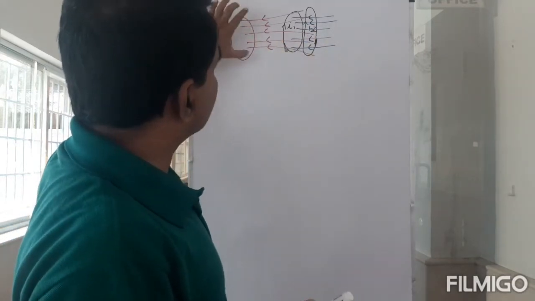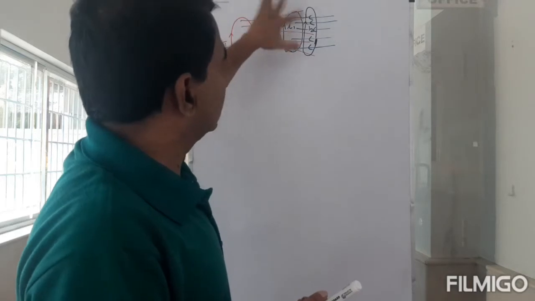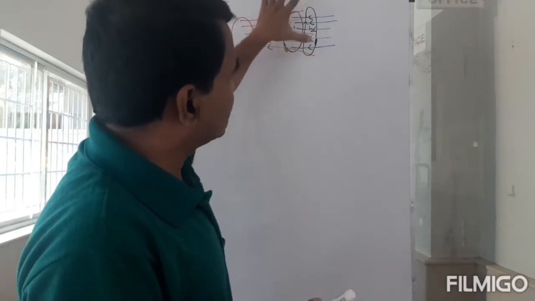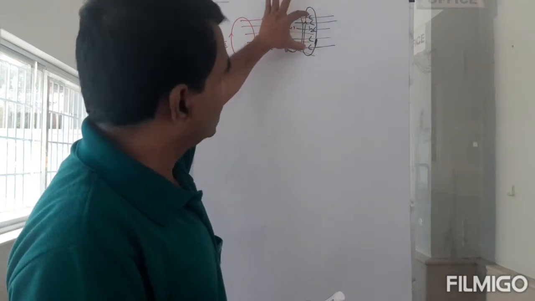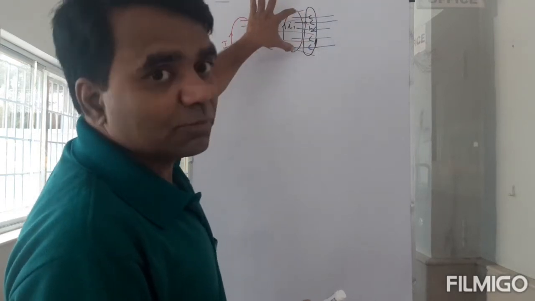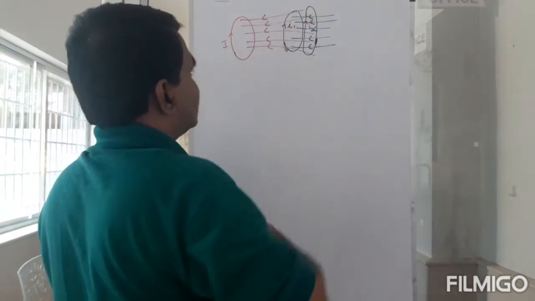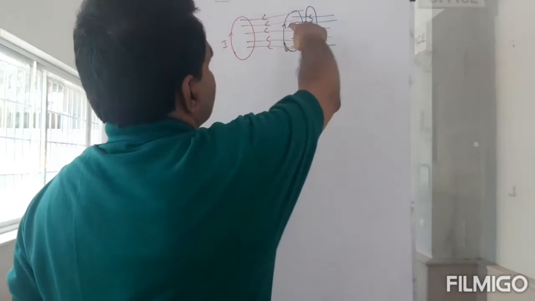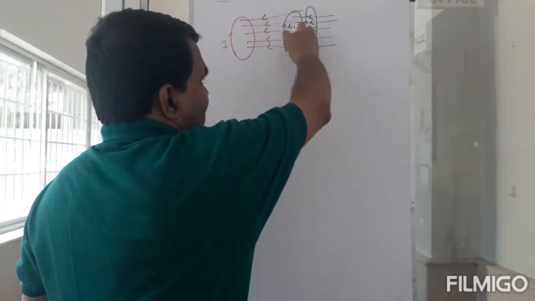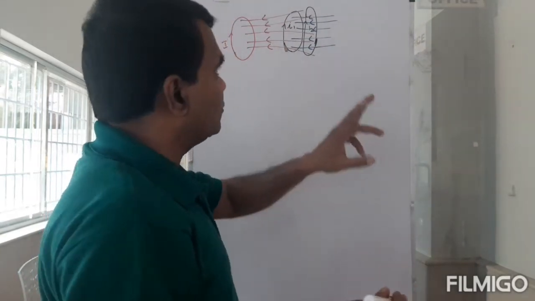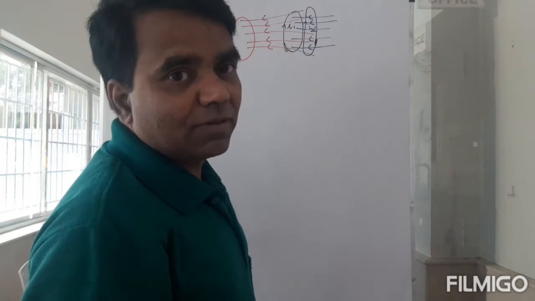Even though this is the loop which is producing the original magnetic field and thus causing the currents to flow, the moment there is a current elsewhere, there is going to be a magnetic field due to this loop also in this loop. So, if both the currents change for some reason or the other, then clearly the current in this loop will be affected by both I1 and I2.